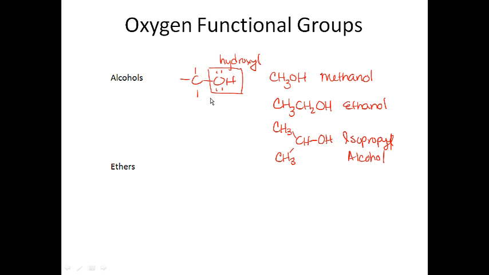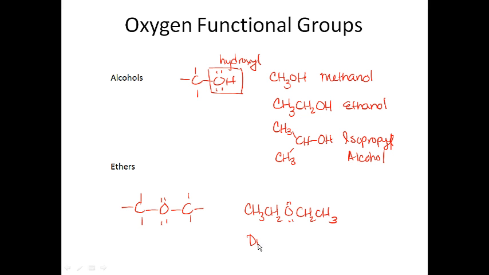Okay, if we take the oxygen and attach it to 2 carbons, we make the functional group called ethers. Ethers have sp3 hybridized carbons attached to oxygen. Probably the most famous ether is when you have 2 CH2CH3 groups attached to the oxygen.